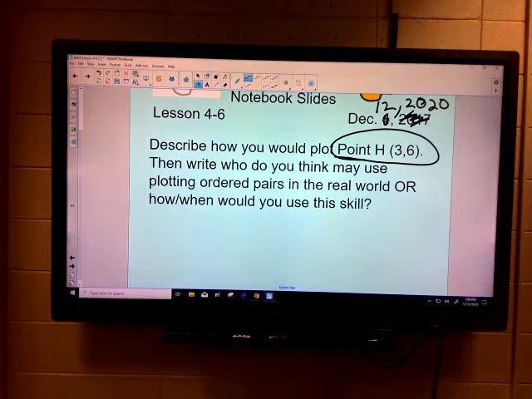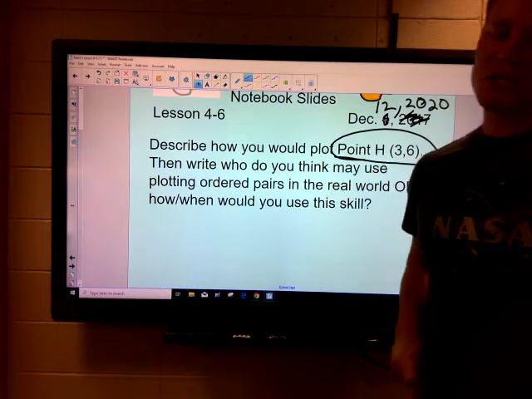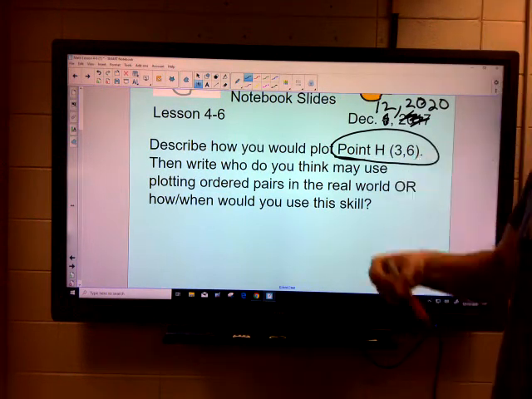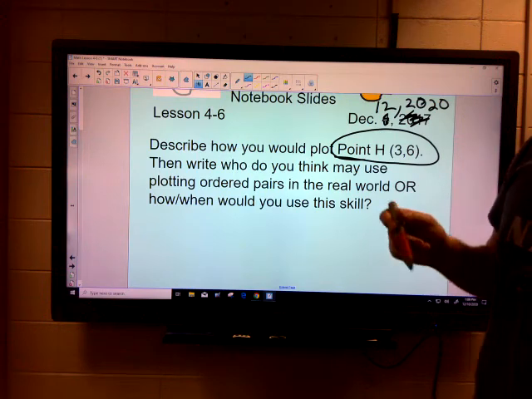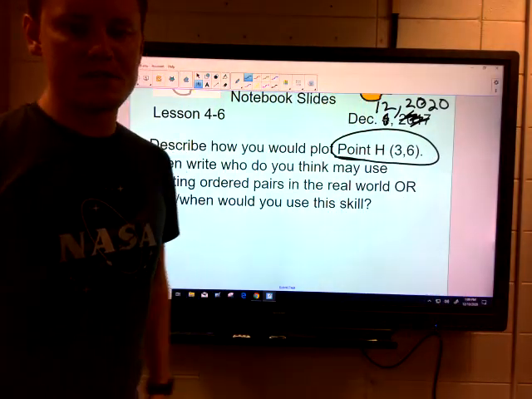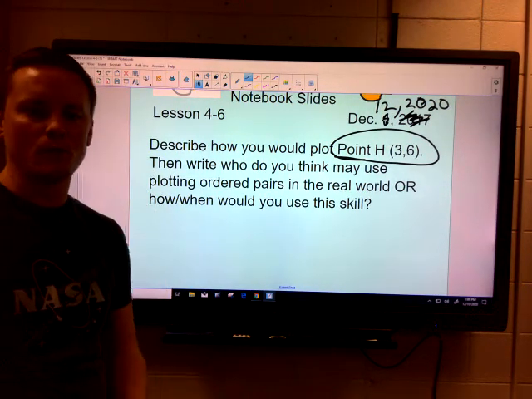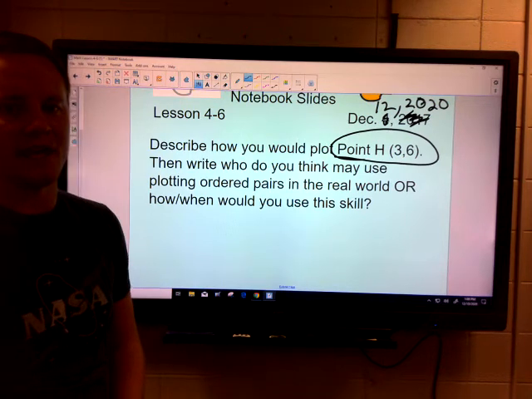Describe how you would plot that point H on a coordinate grid. And then the second question is, also tell me, who do you think may use ordered pairs in the real world? Who would ever use that? How would you use this type of skill in the real world? Who would use something like that?